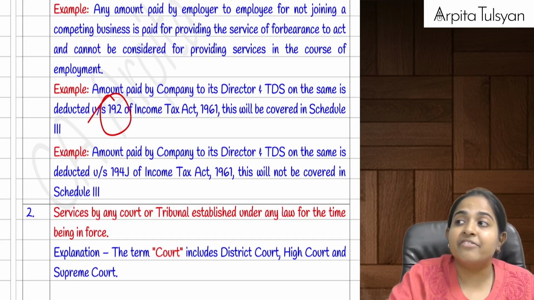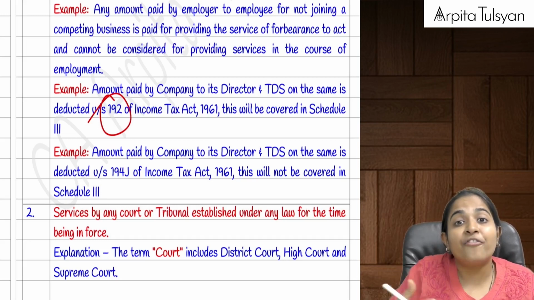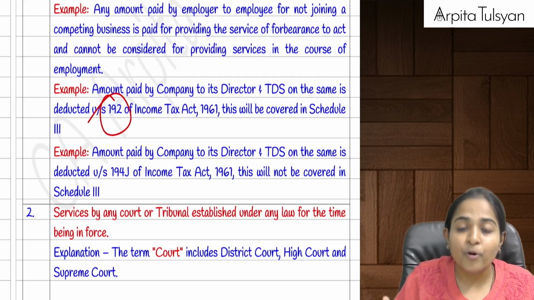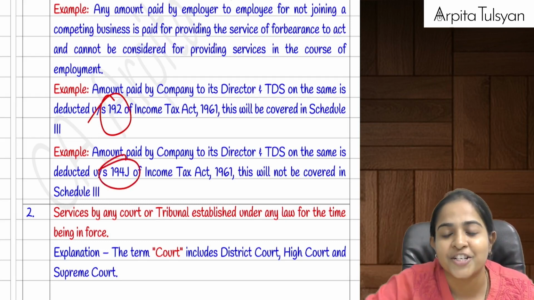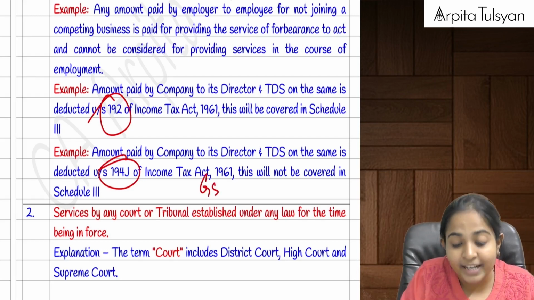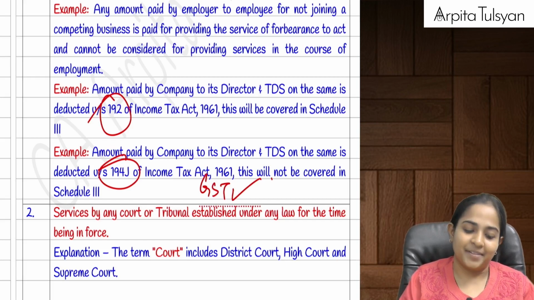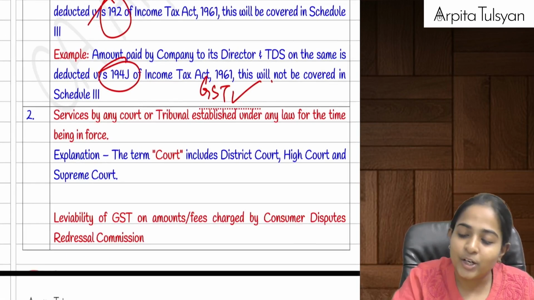But if the director is providing the services in a professional capacity, that is TDS is deducted under 194J, TDS on professional fees, then there is no employer-employee relationship and therefore it will be liable for GST. Understanding this?